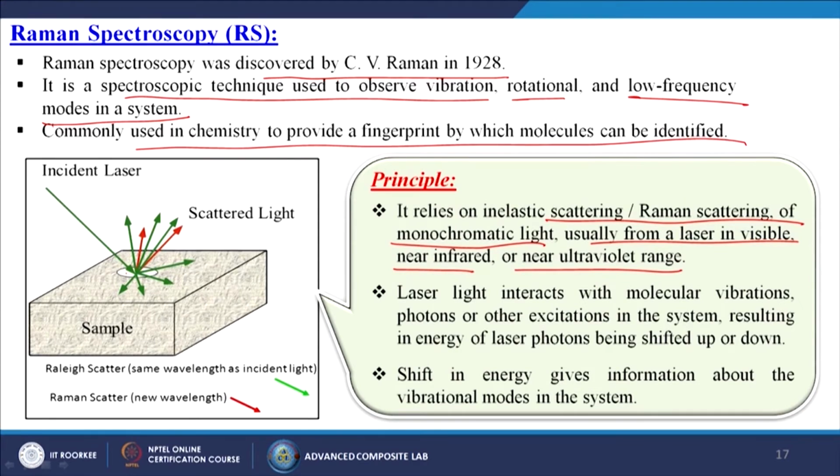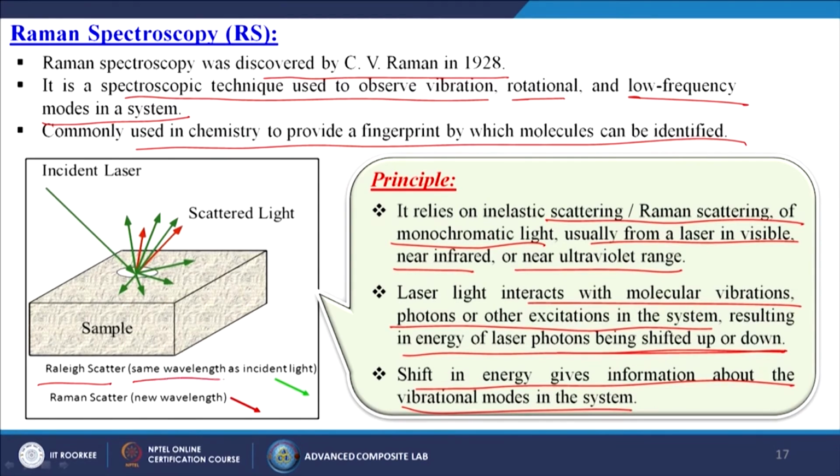The incident beam comes and falls onto the sample itself, then the light is scattered. The laser light interacts with molecular vibrations, photons or other excitations in the system, resulting in the energy of laser photons being shifted up or down. The shift in energy gives information about the vibrational modes in the system itself. In this particular case we have the Rayleigh scatter, the same wavelength as incident light, and the red color is the Raman scatter, that is the new wavelength formed.